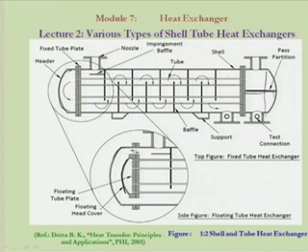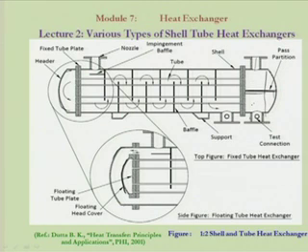What happens is, when we have this kind of pass partition plate, the tube side fluid enters like this, goes through these tubes, then comes back and goes through these tubes and goes back. So, because of this partition, only one partition, a fluid element can be in the heat exchanger twice.